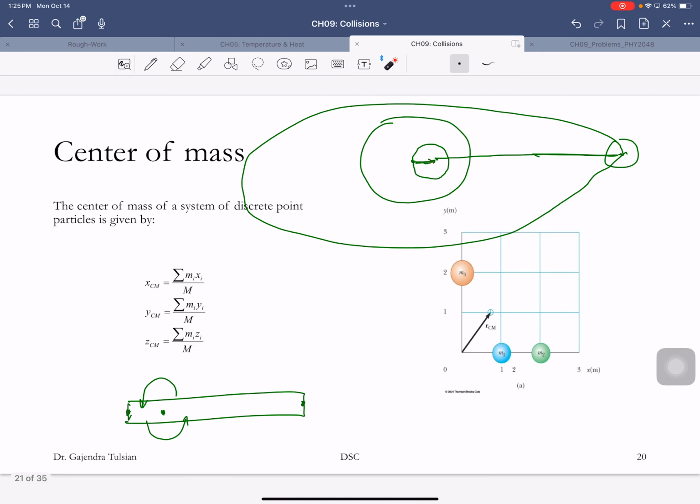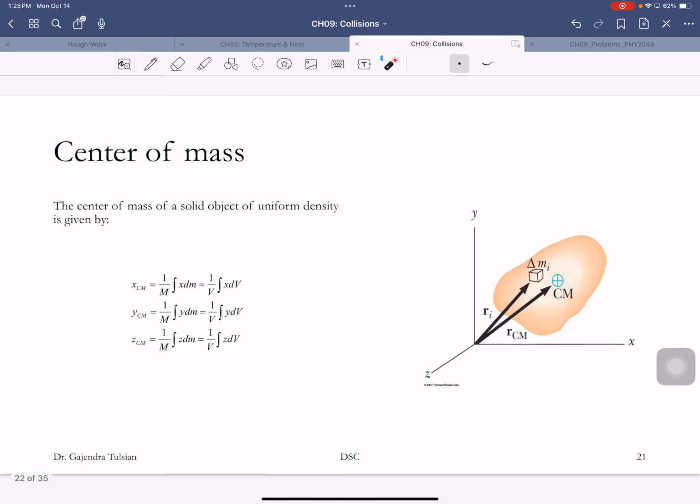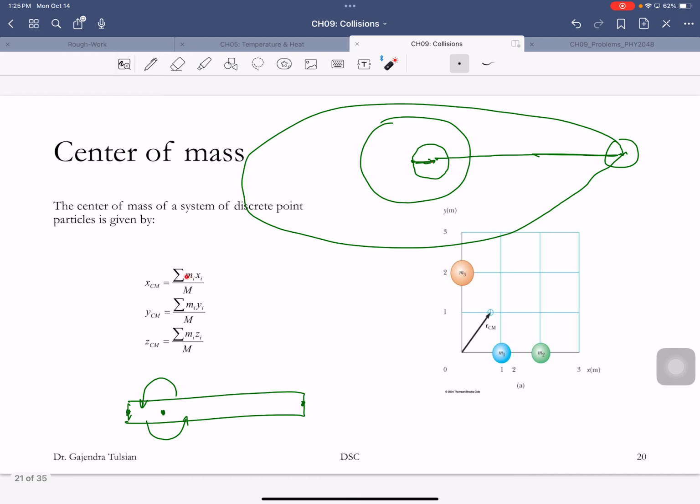So if you have a system with a bunch of point particles, here's how you calculate the coordinates of the center of mass. The x coordinate would be the mass of each point particle times its x location, summed, divided by the total mass. Similarly, y center of mass is m_i y_i divided by M. Z is m_i z_i divided by total M. If you have a continuous distribution, this m changes to dm.